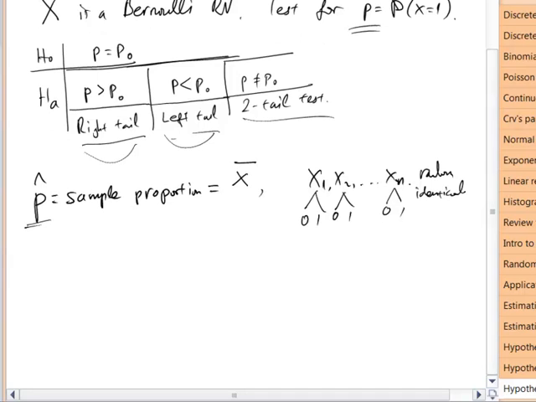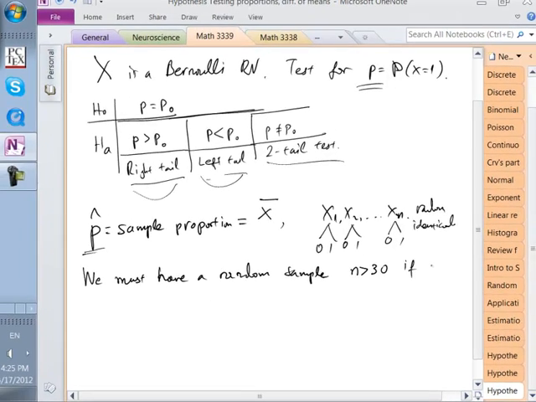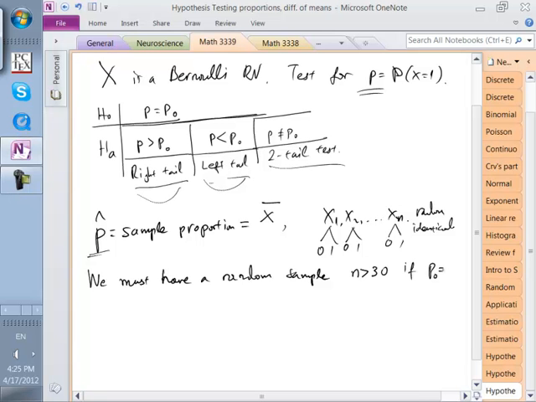Now, what do we need to have? We must have a random sample of n greater than 30 if p sub 0 is between 0.3 and 0.7.